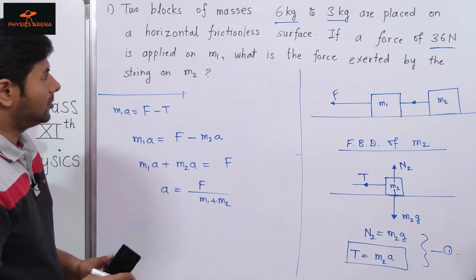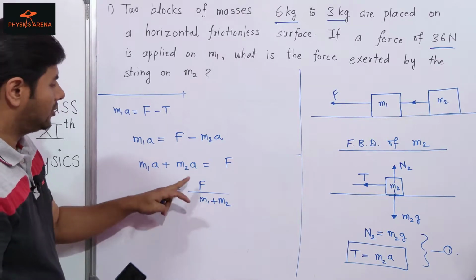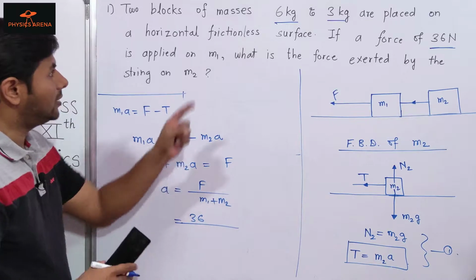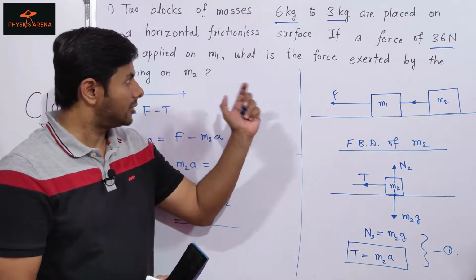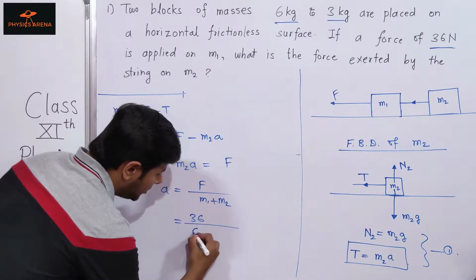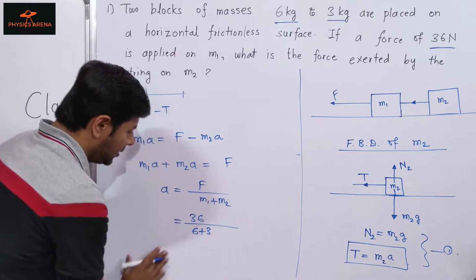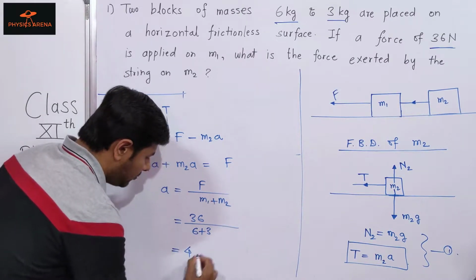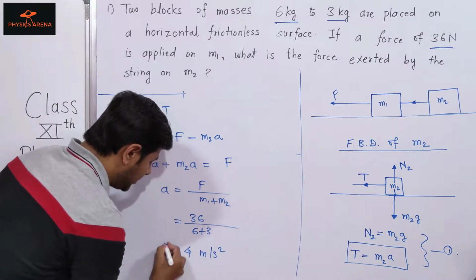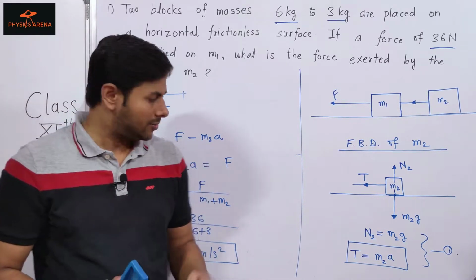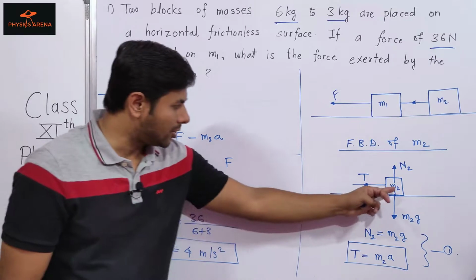Then we can substitute the values. F is equal to 36, m1 is 6 kg, m2 is 3 kg. So 6 plus 3 is 9, and 36 divided by 9 is 4. So 4 meters per second squared is the acceleration of the system. So what is the force due to the string acting on m2?